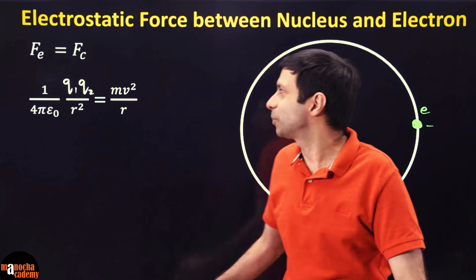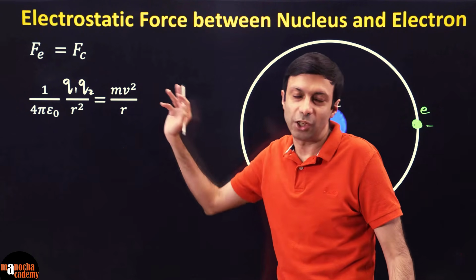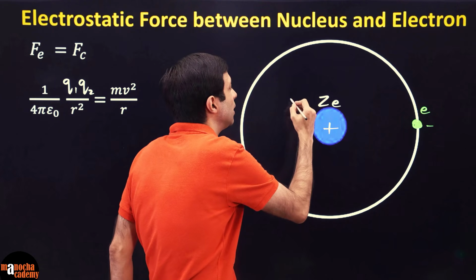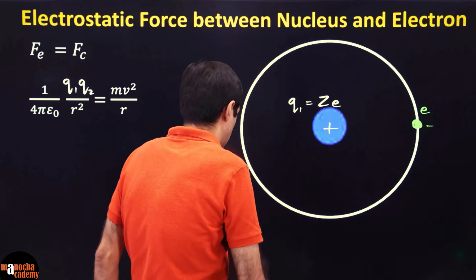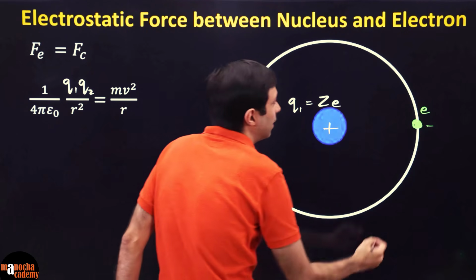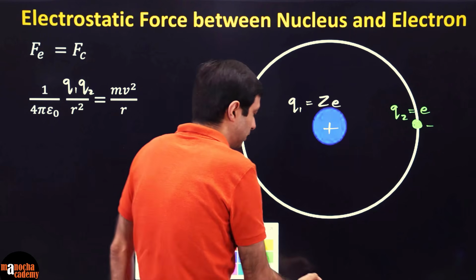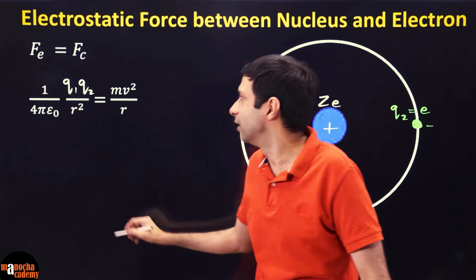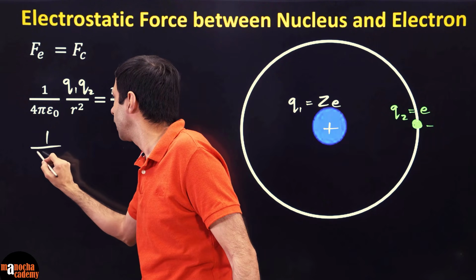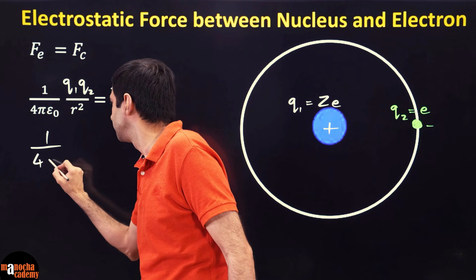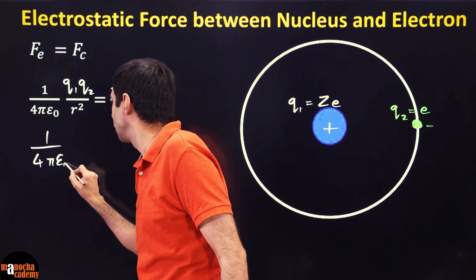So let's say the charge of the nucleus is Q1, and the charge of the electron is Q2. If we put this into our equation, what are we going to get? We get 1 by 4 pi epsilon naught.